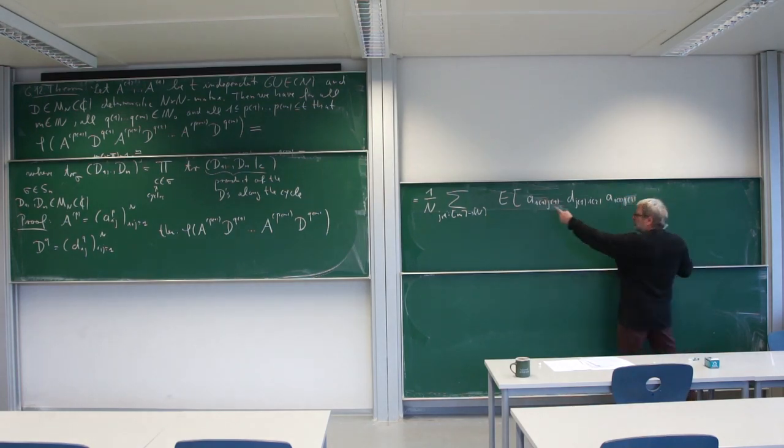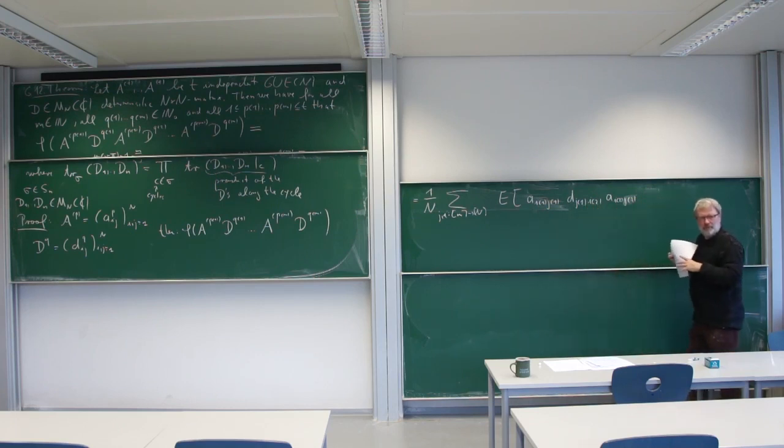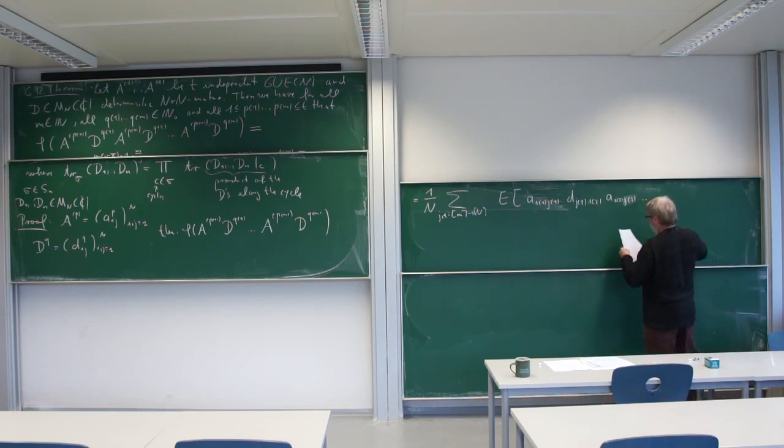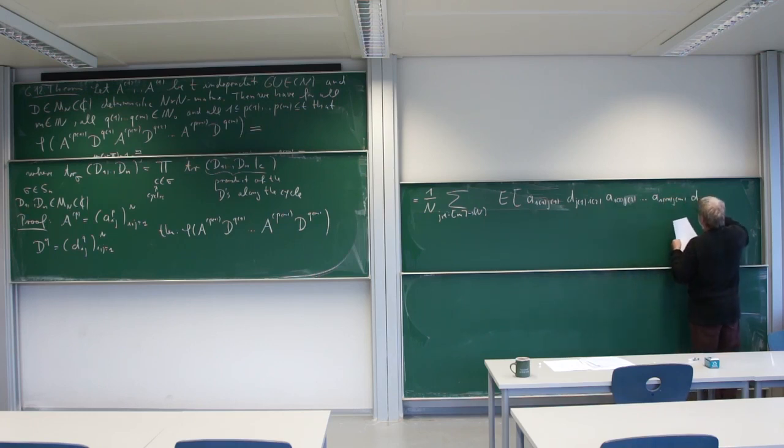So you see I'm calling the indices of the A's i and j, and for the D I have j and i, but in a different way. Okay, and so on. The last one is A of im, jm, and D of jm. Okay, and then because I have a trace, I have to go back to the first index, which was i1.